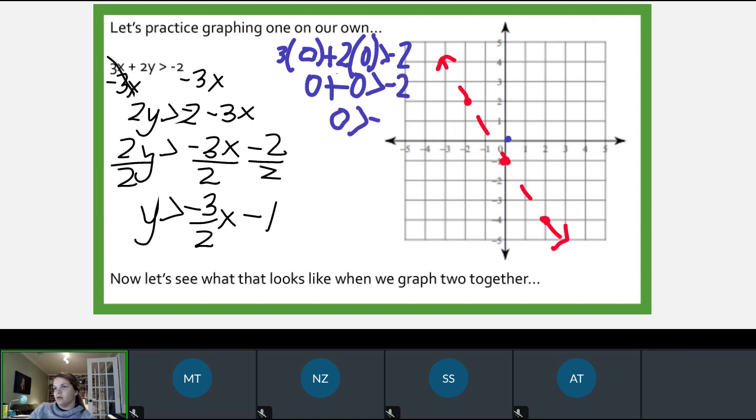So is 0 greater than negative 2? What do you think? Yes, it's greater than, or no, it is not? Good, AJ. Yes, it is greater than. 0 is greater than all negative numbers. Okay, so now, because it was true, I'm going to shade the side that contains 0, 0. So that's just like a quick review of what we did in Unit 3 with inequalities.